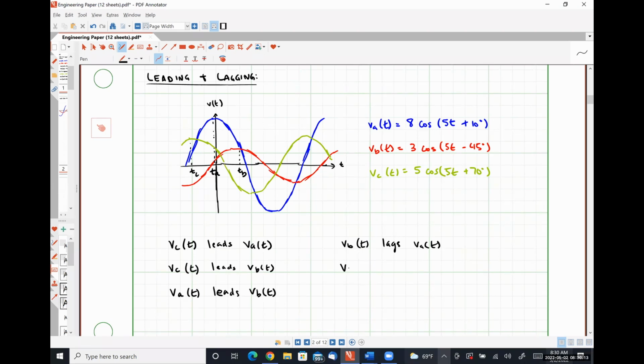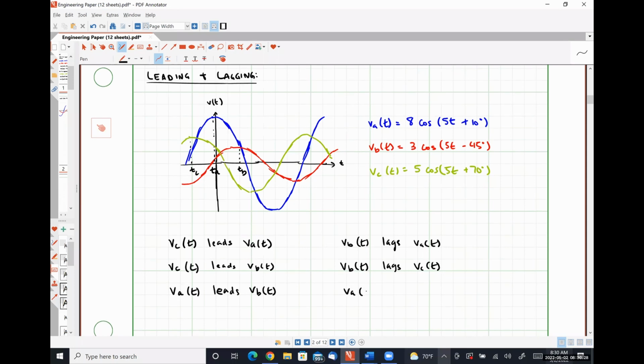We could say that VB of t lags VC of t. And we could say that VA of t lags VC of t. This is the exact same comparison as we had a moment ago, just looking at it from the opposite perspective. So we're looking for whichever one occurs latest is lagging the things that occurred earlier. Okay.